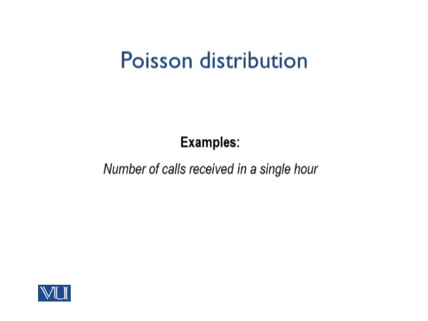Some examples of Poisson distribution are: how many calls do we expect to receive in a single hour? If we assume that the calls are going to come with some constant rate, then this is an example of a Poisson distribution. The number of typing errors performed is also a Poisson distribution.